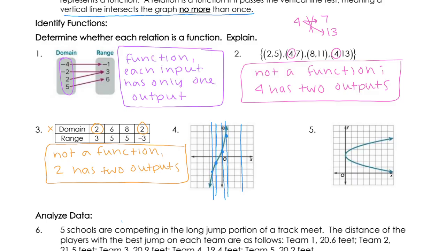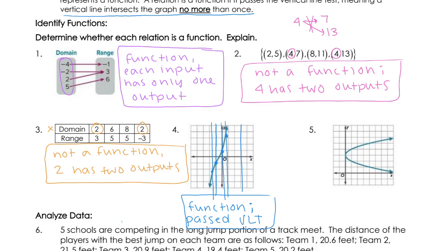But as long as I can draw an infinite number of vertical lines and it passes all of them, then this is a function. So this one we would say it is a function, and we're literally going to say because it passed the vertical line test. That's that VLT right there. So again, your vertical line can only hit the graph one time for every line that you draw.